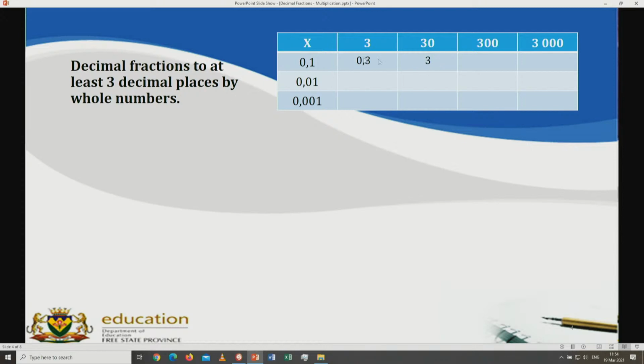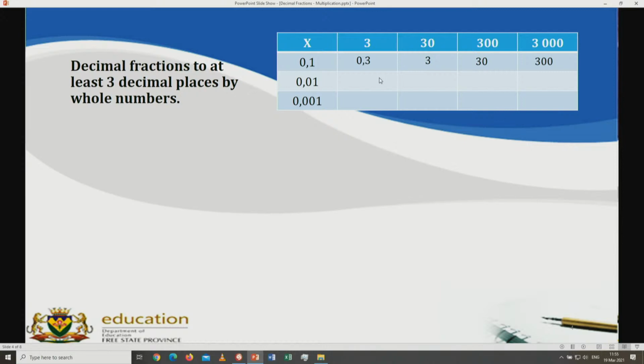You remember, when we multiply by tenths, we divide by 10. And then 300 divided by 10 gives us 30. And then 3,000 divided by 10 gives us 300. So our reasoning in the first slide is correct.